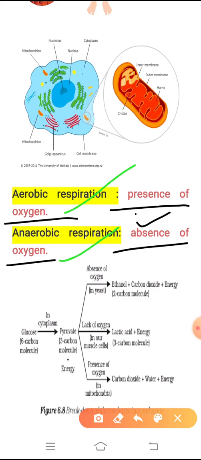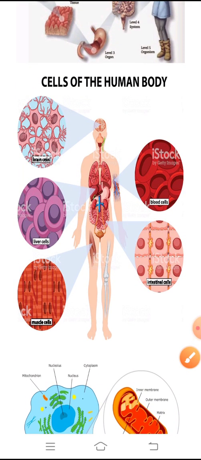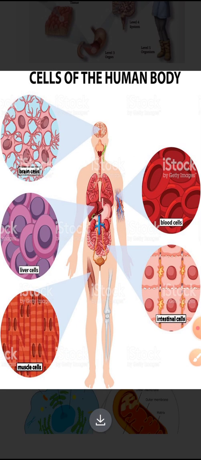Now, let us see what happens first under aerobic respiration. When the human being takes in food, what happens to that food? The food gets digested. I'll be recalling these topics again and again, right?